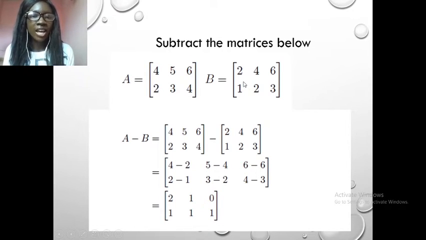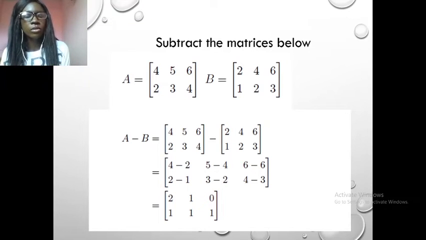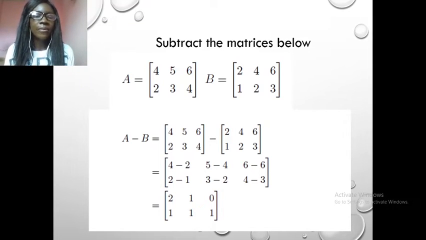So be careful when you have a minus sign. 4 minus minus 2 is the same thing as saying 4 plus 2, because minus minus will give us positive.